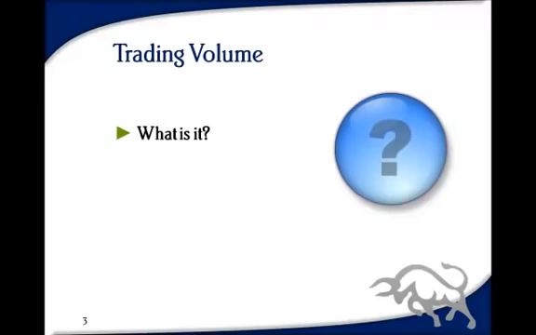Now, you don't use it as a primary indicator. It's just a secondary indicator that will verify or confirm something which you suspect from looking at another indicator or a price pattern. If you remember when we looked at the head and shoulders pattern, we said that the volume goes down each time we go up to a new peak.